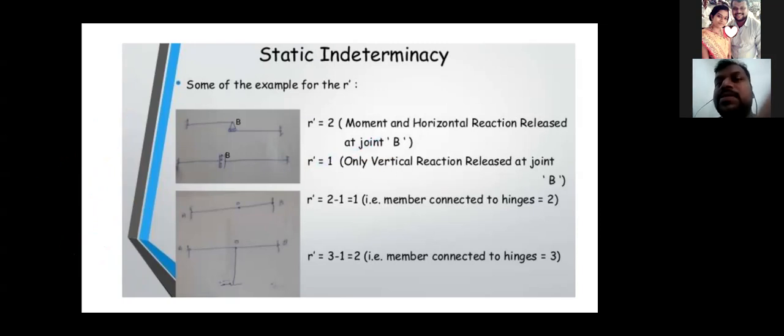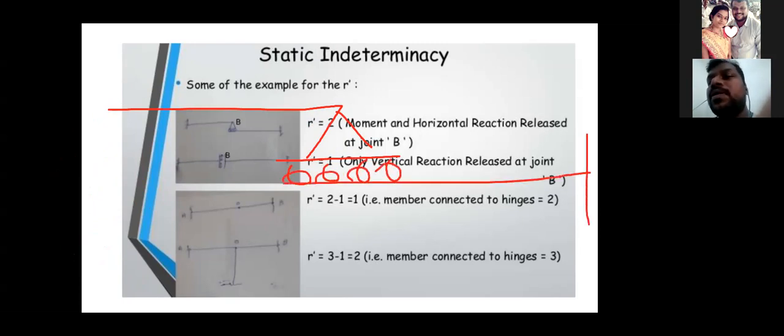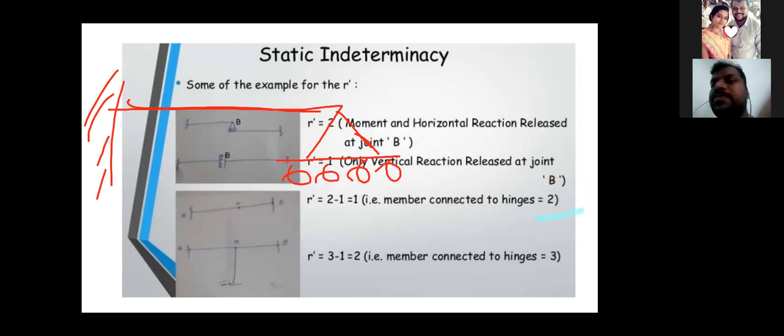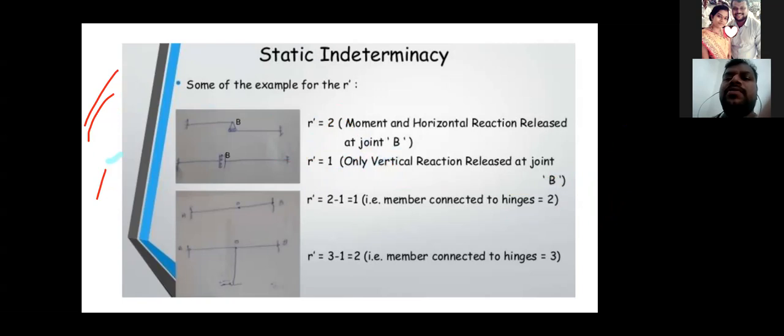Now, if you come across this kind of structure, with this side something like this, then R dash is 2. Roller support is provided at the end of this beam and the start of this beam. Just keep this in mind; whenever you come across a problem, we make use of this.